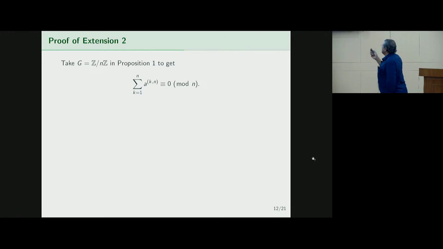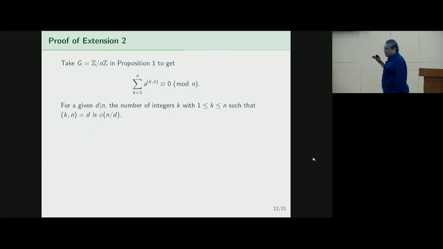So the next proposition I have already told: just fix one k, then fix one divisor d, because the GCD of k comma n is going to be a divisor of n. Therefore, for a fixed divisor, how many k's are there such that the GCD of k comma n is d?